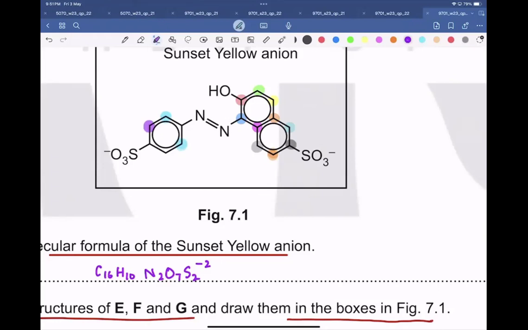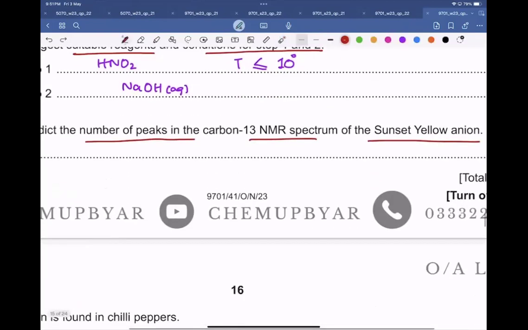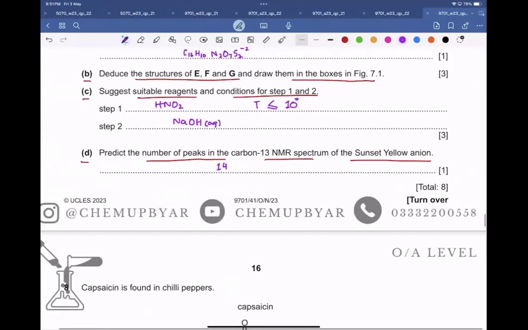In the same way, these two are going to have the same environment, but this one is going to be different and this one is going to be different. Now, if you count, 10 over here, 11, 12, 13, 14. So there are 14 different environments. Is this clear to all of you?